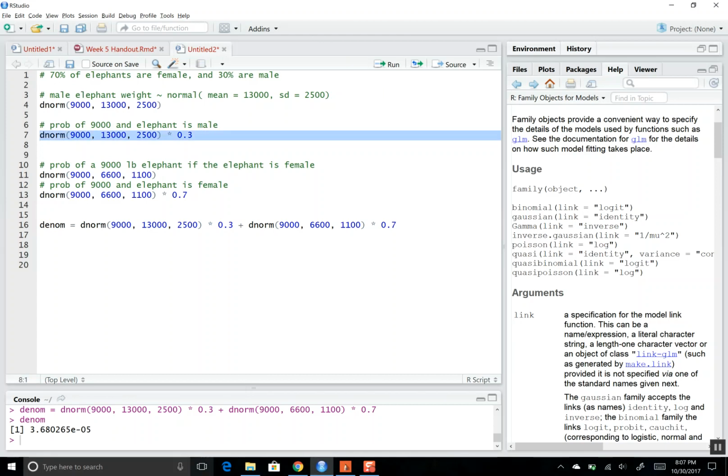So I'll do this divided by the denominator. Okay, and I get 36%, and then the other one is going to be what? 1 minus that, 60.